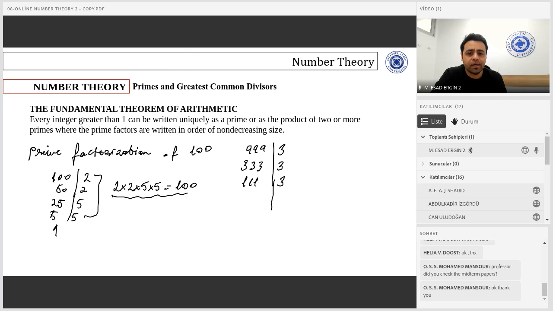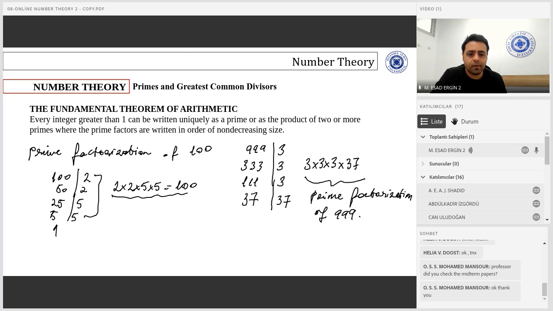If we divide by 3, it will be 37. And 37 itself is a prime number. So 3 multiply 3 multiply 3 and multiply 37 is the prime factorization of 999. I guess it is very easy, and also it is kind of a reminder for you.